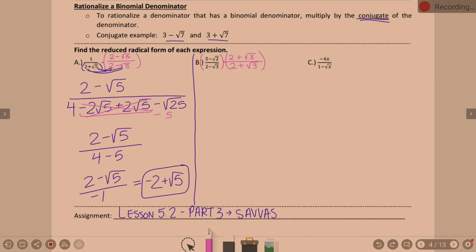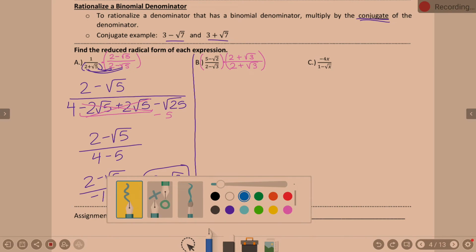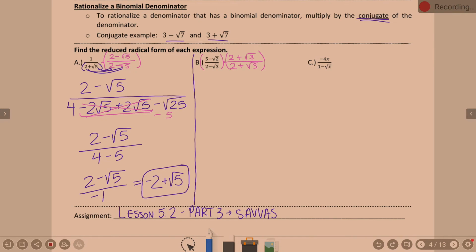So, what's different this time on top? We're going to distribute or FOIL this time on top. So there's a little bit more work to do, and there might be some more simplifying. In the numerator, 5 times 2 is 10. 5 times square root of 3 is plus 5 square root of 3.